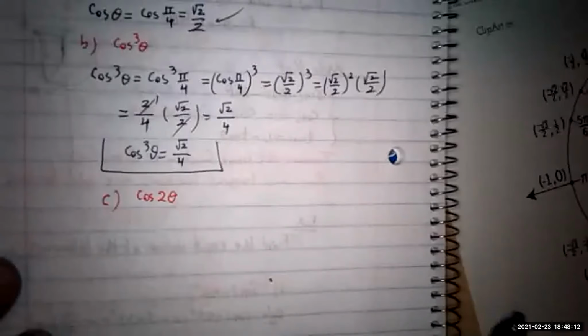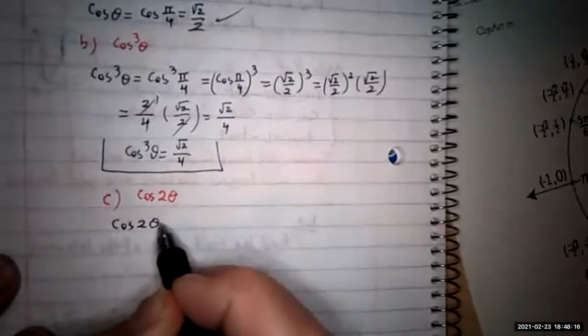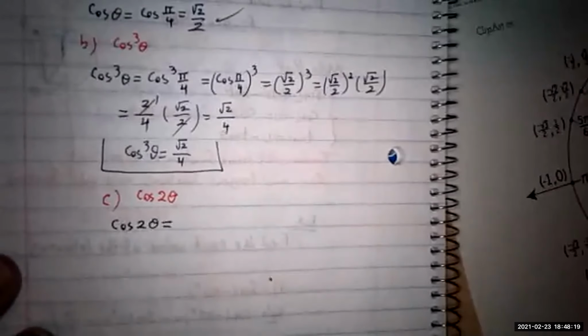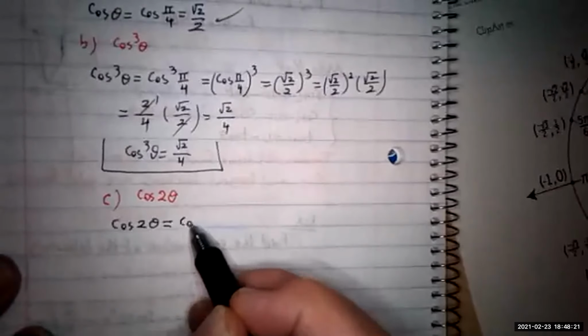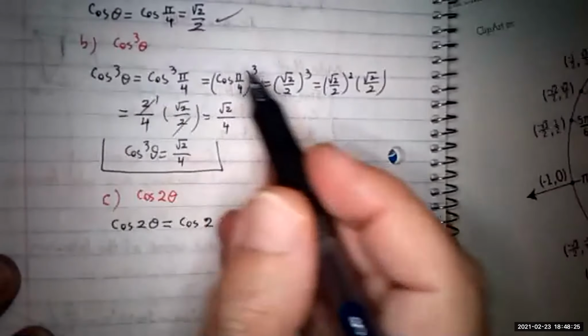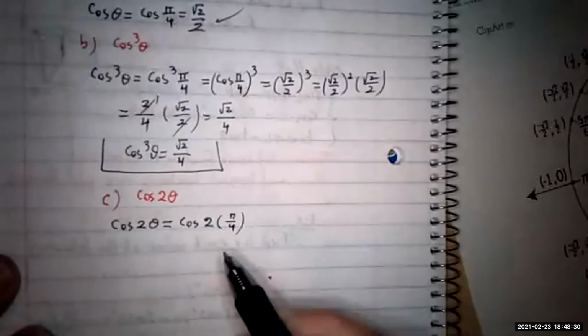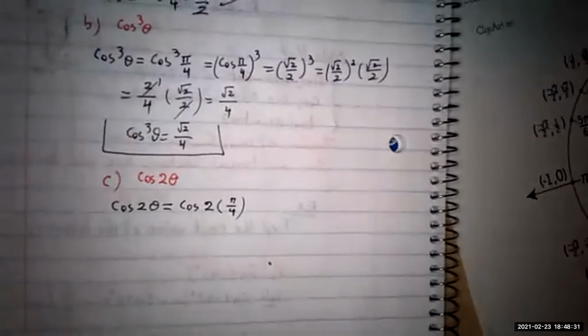So substitute. What we have is cosine of 2 theta is equal to cosine of 2 times theta. What is theta? Theta is pi over 4, so 2 times pi over 4. Continue, simplify it. The 2 and the 4 simplify, so that gives you cosine of pi over 2.